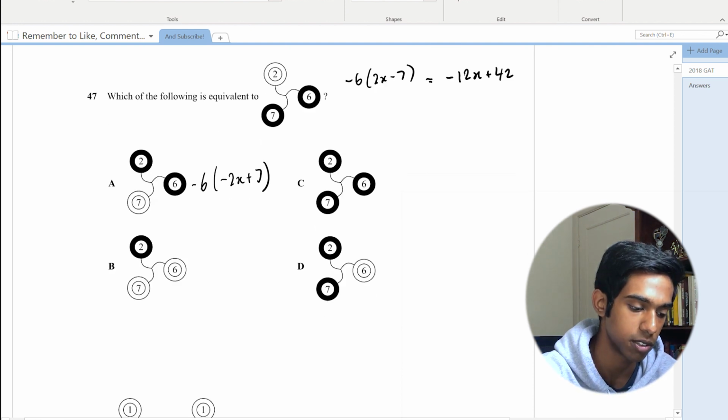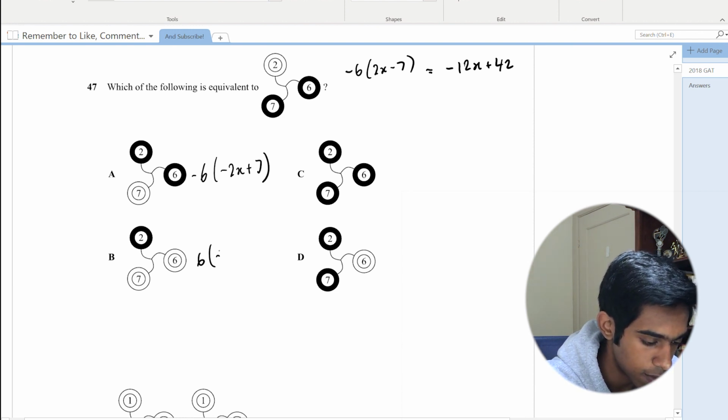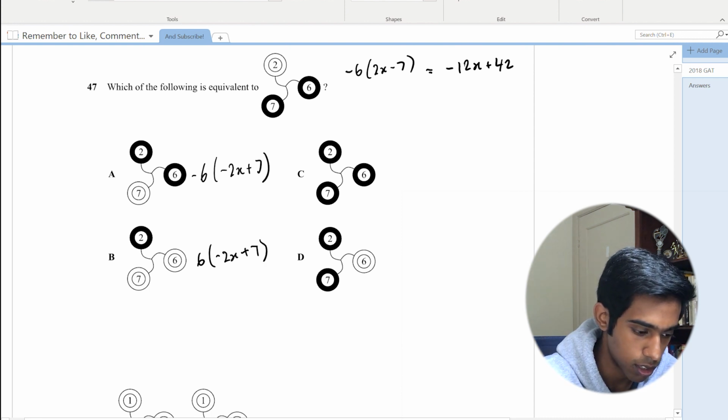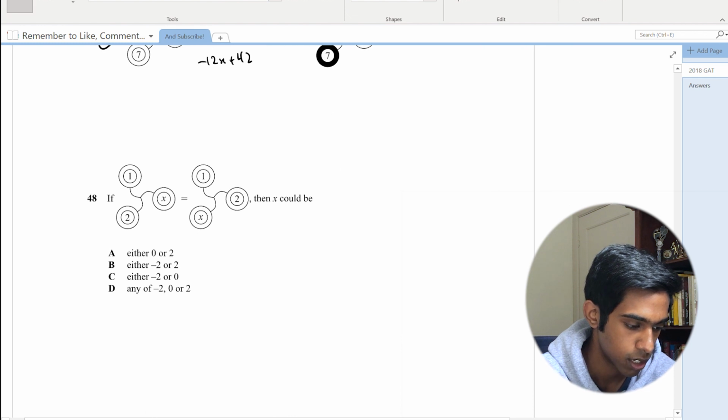But this one would be positive 12x minus 42. Let's do this one. This is 6, negative 2x plus 7. This one would actually be right, so it's B, because that one is equal to negative 12x plus 42, which is the original.